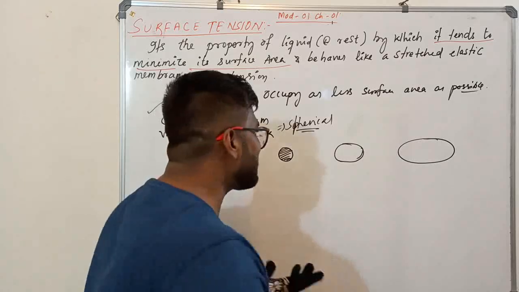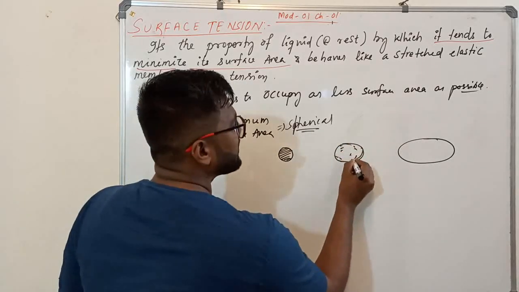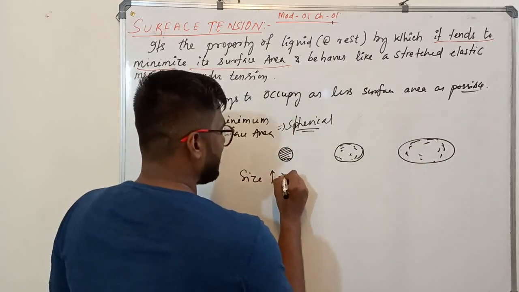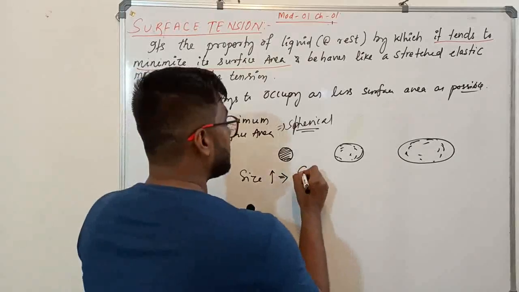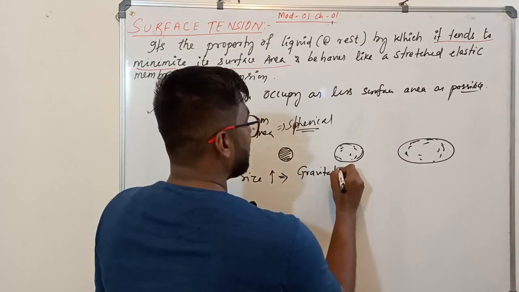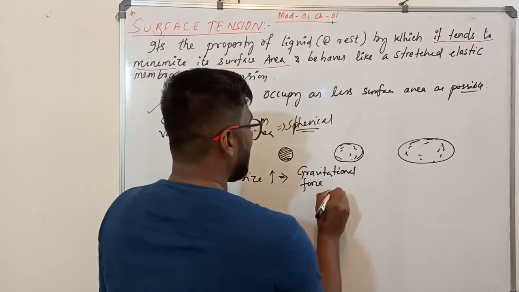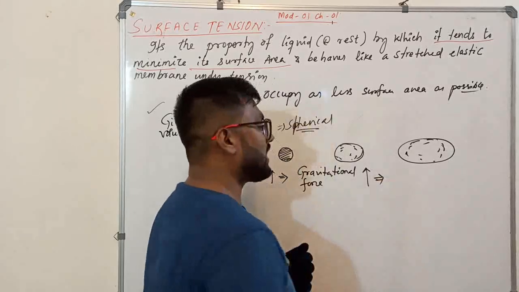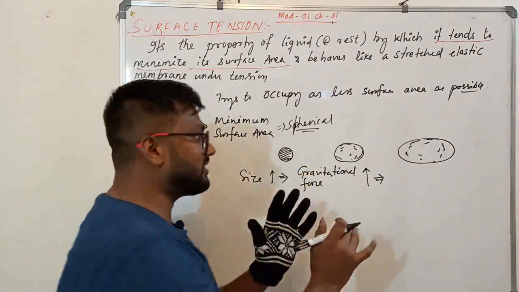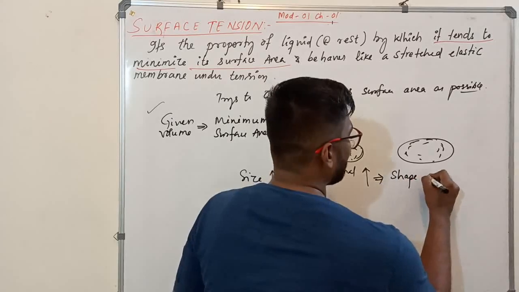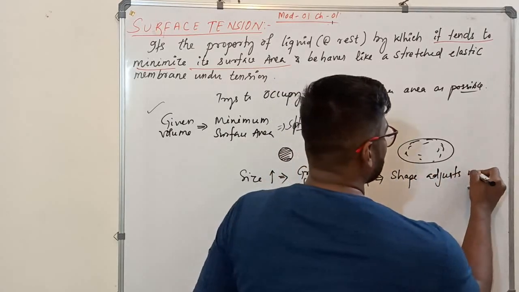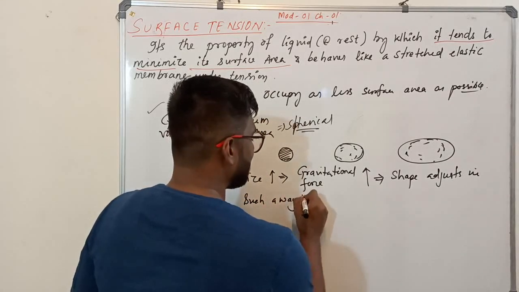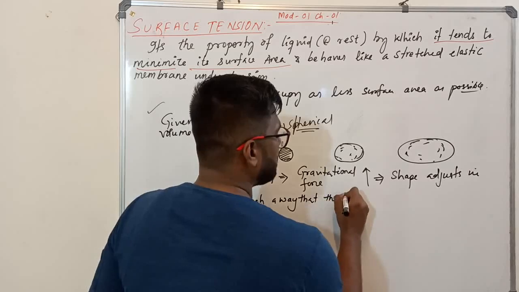Now why does that happen? As the size increases, the gravitational force acting on the liquid drops will increase. As the gravitational force acting on them increases, the shape adjusts in such a way that the sum of which two energies becomes minimum?